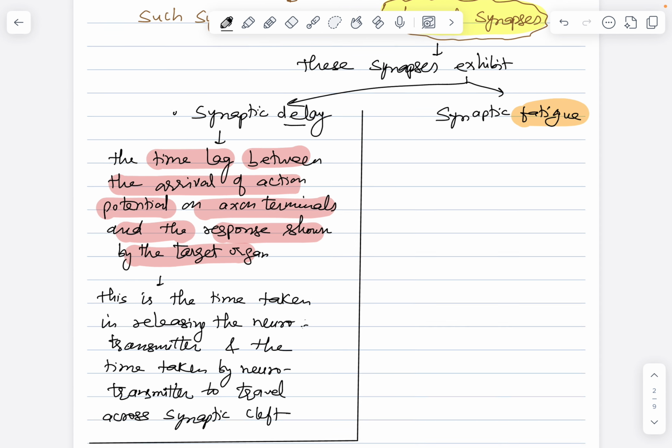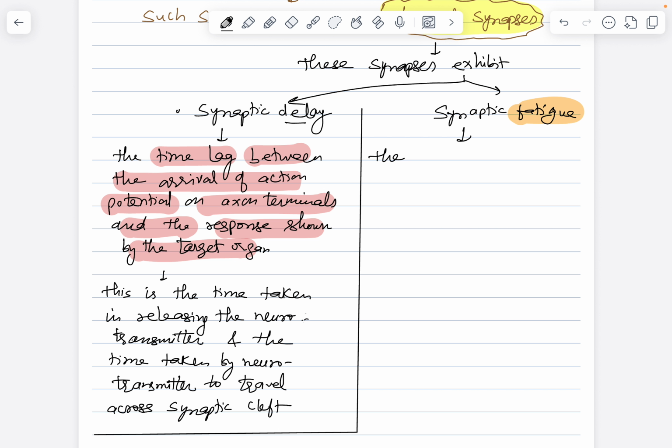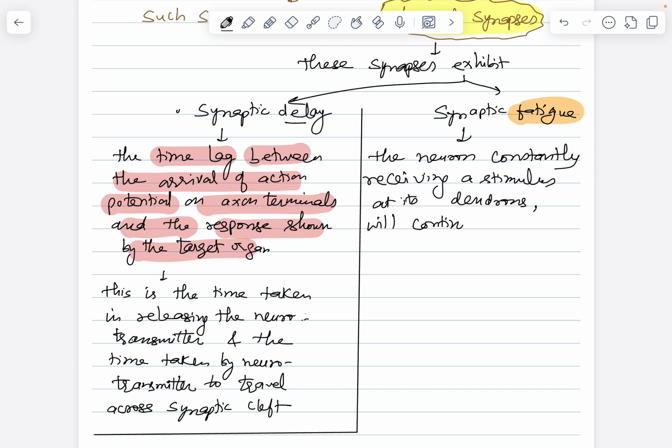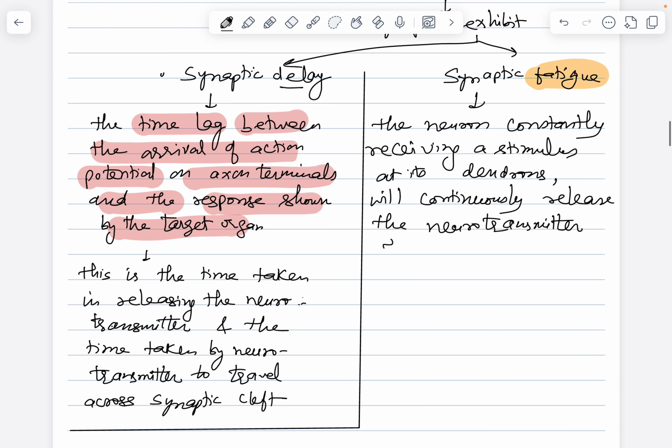Okay. So synaptic fatigue is the neuron continuously receiving a stimulus at its dendrons will continuously release the neurotransmitter from its synaptic vesicles.